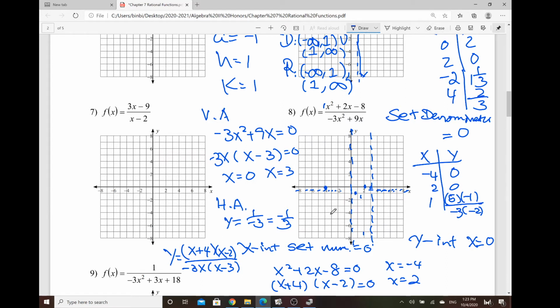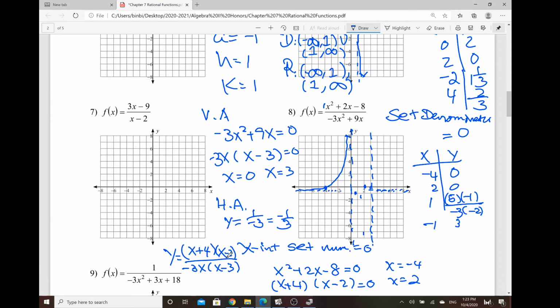Now we got 1 point here, so that means this part of the graph is going this way. You can get another point if you want to. Let's say you want to find out what happened at negative 1. In order to be a little more precise, let's put in another x value. Negative 1 plus 4, that'd be 3.